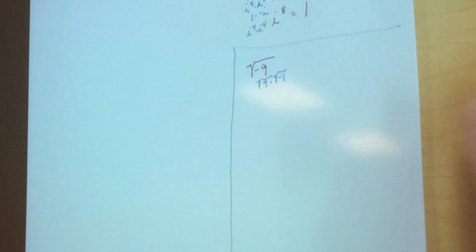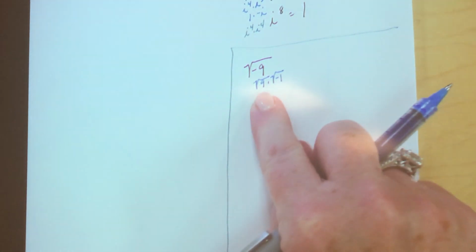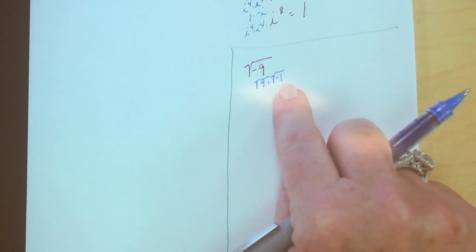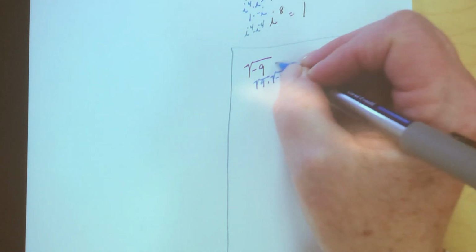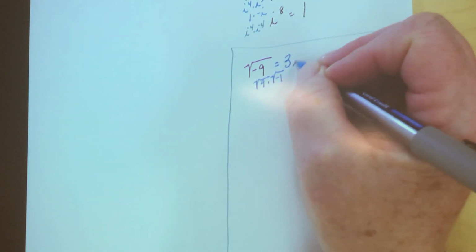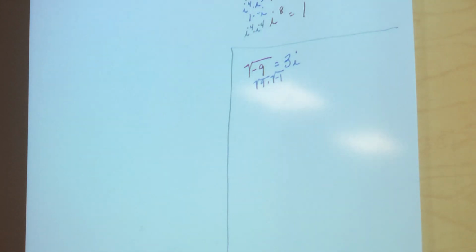What is the square root of 9? 3. What's the square root of negative 1? i. So the square root of negative 9 is 3i. It's weird. Are you with me?